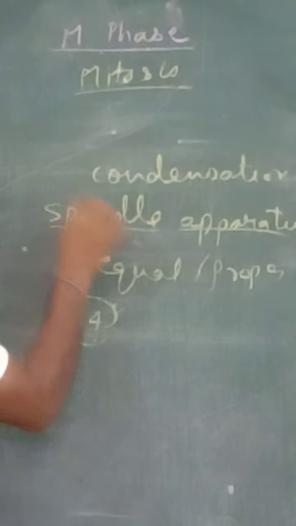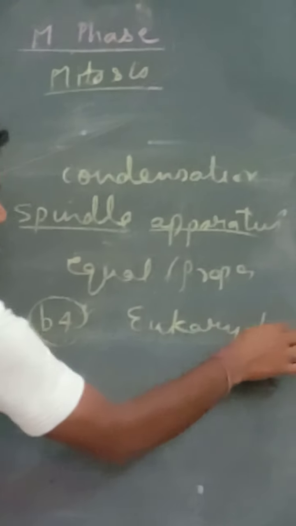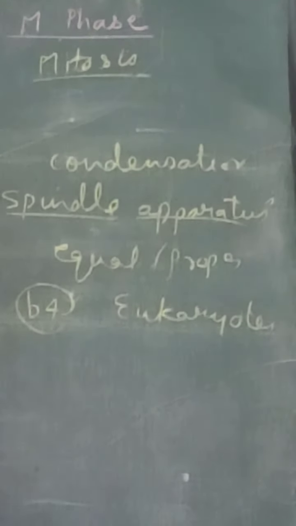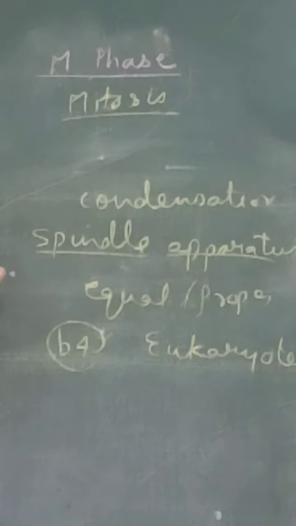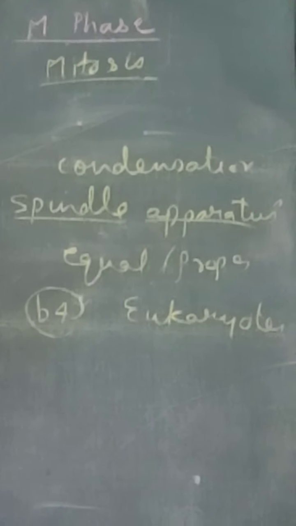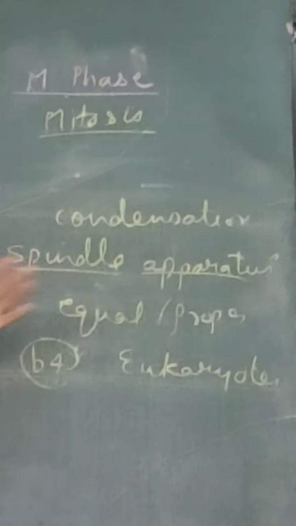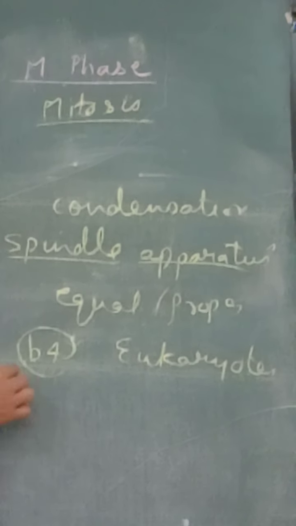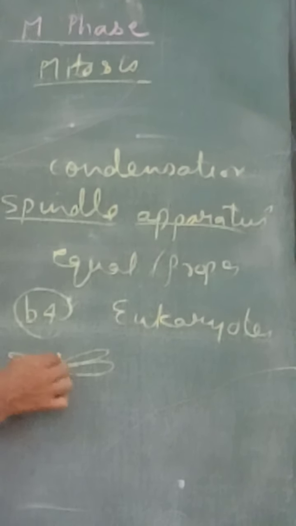It is uniquely present in eukaryotes. The spindle is a central mechanism for the distribution of genetic material in the daughter cells. Spindle not only distributes the genetic material, but it also aligns the chromosomes properly.